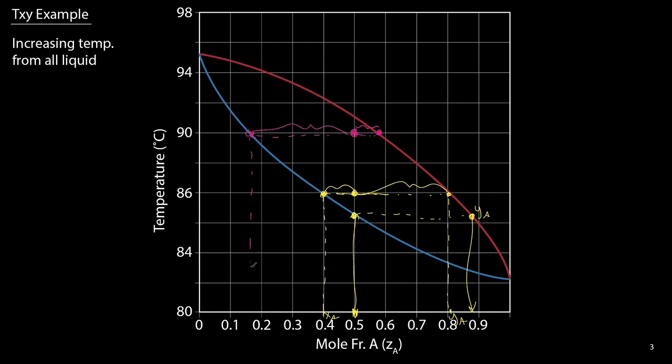But we can still read off the liquid concentration of A and the vapor composition of A. And eventually, if we continue to heat the system, we will reach the dew curve, or the dew point, in which case we will have 100% or nearly 100% vapor and a very small fraction of liquid, but we can still read what that liquid concentration would be.